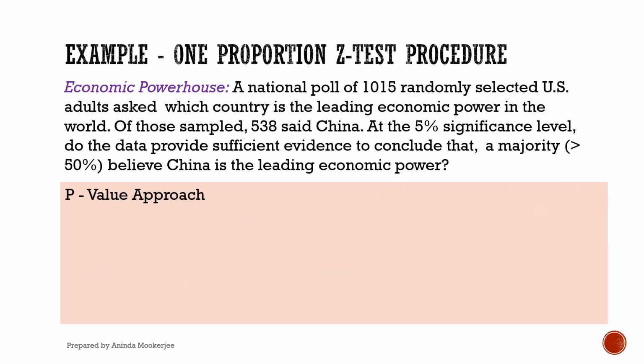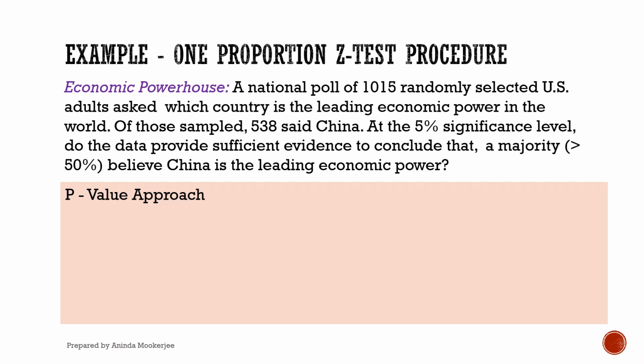Let's perform the same test now using the p-value approach, and we should arrive at the same reject null hypothesis decision as we did with the critical value approach. Now, in the critical value approach, we started with our alpha value. We used the alpha value to come up with the critical value indicating where the reject region and the do not reject region on the curve would be.